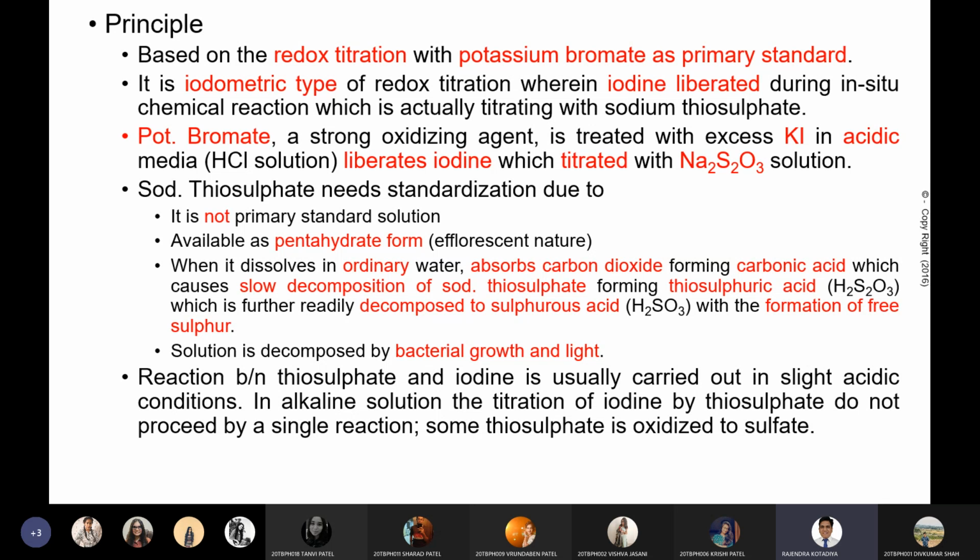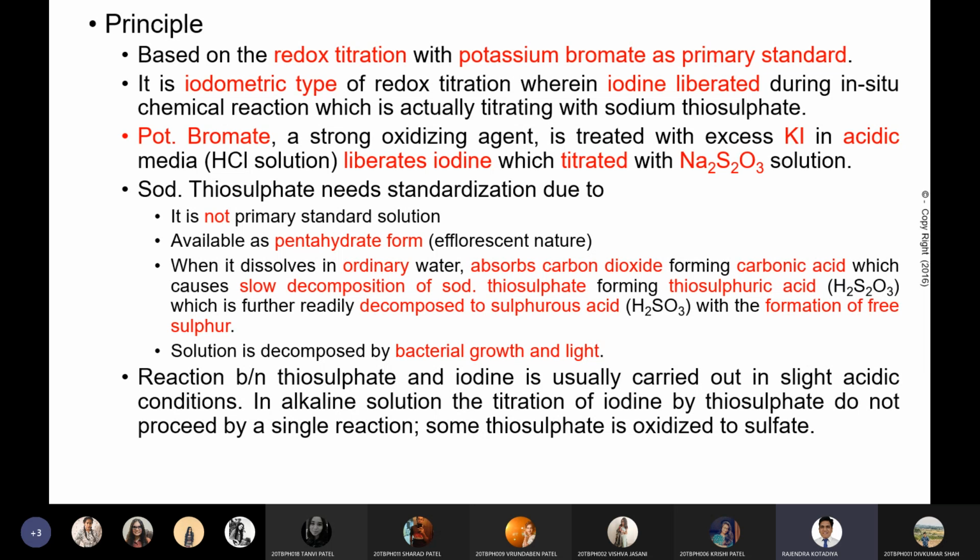As we have mentioned earlier, for the process of standardization we need acidic condition, slightly acidic condition, because in alkaline solution what happens is જે iodine અને થોડું thiosulphate નું જે reaction થશે એ એક reaction માં થાય, or in other words થોડો portion જે thiosulphate નો છે, it will get oxidized to sulfate.